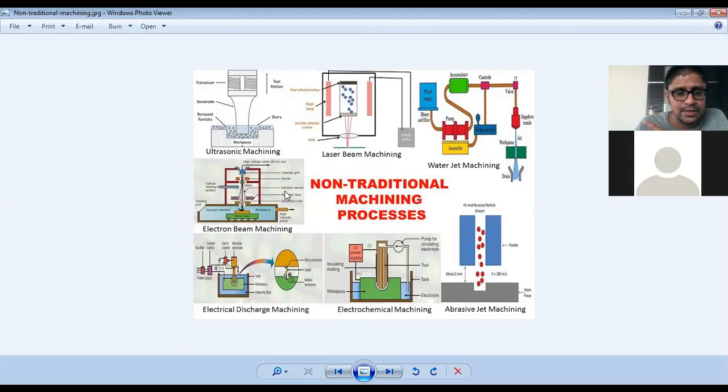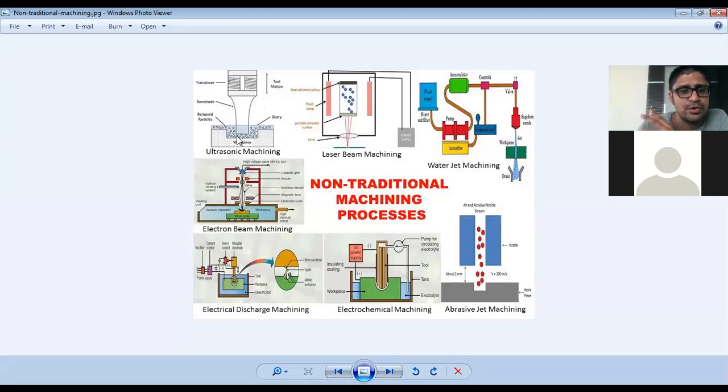Again, I am repeating, for all these non-traditional machining processes, we need to develop the fundamentals of three aspects. The first one is the basic working principle, how it works. Second thing, the machine components used to take part in machining.